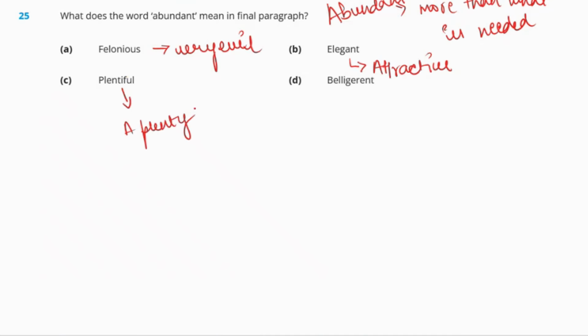And the last one is belligerent. Belligerent means aggressive. Okay. So out of all of these, the right answer to the question is option C, plentiful. So the meaning of abundant in the final paragraph is plentiful.